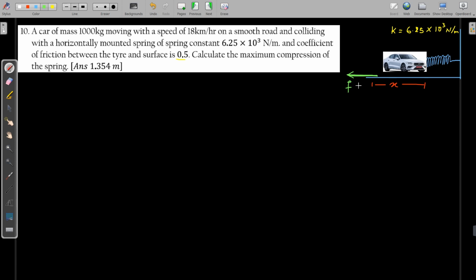So what is going on here? The car is moving with certain kinetic energy, and that is being used for two purposes.